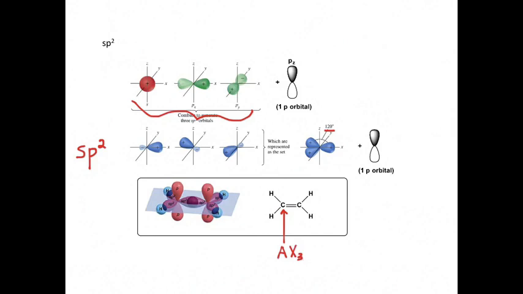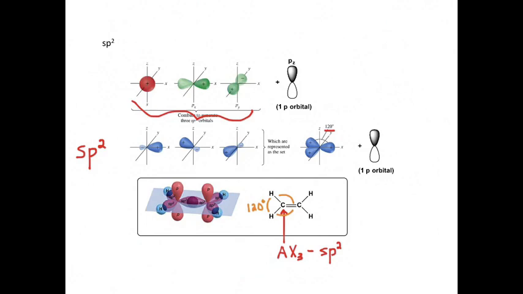Because that central carbon atom is surrounded by 3 things, we therefore know that this is now sp2 hybridized, and that all of the bond angles we see here, and there, and there, in orange, are all 120 degrees.